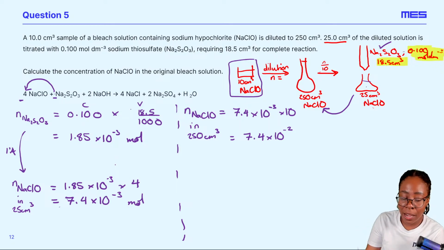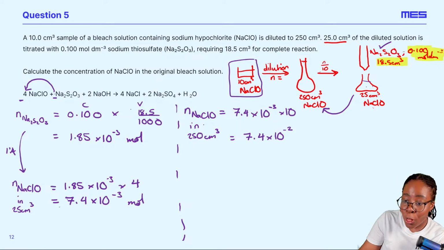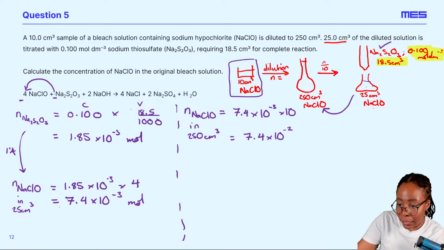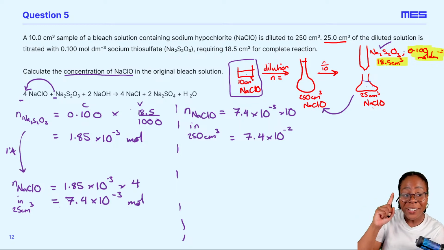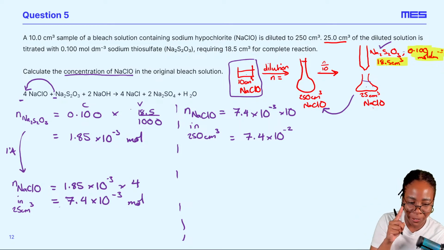So there are 10 times as many moles in this first solution in that volumetric flask than there were in that smaller one. Lovely. Now we've got the moles in here, and our final task is to calculate the concentration in the original 10 centimeters cubed. Now again, and I chose this question specifically, well, I kind of wrote it, I know.